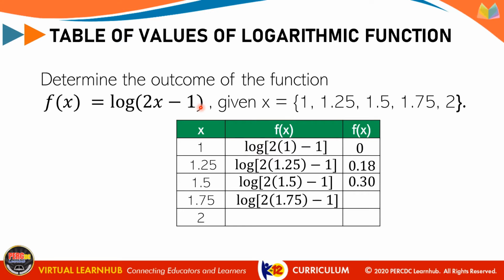For x equals 1.75, that is approximately 0.40. And for x equals 2, log of 2 times 2 minus 1 is approximately 0.48. So now that we have the following x and y values, we can plot these points.